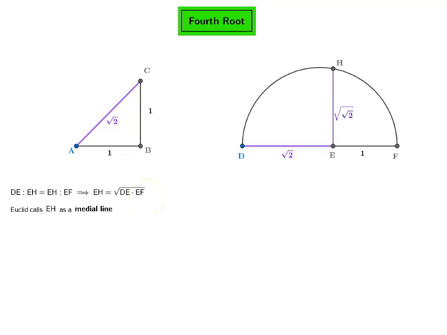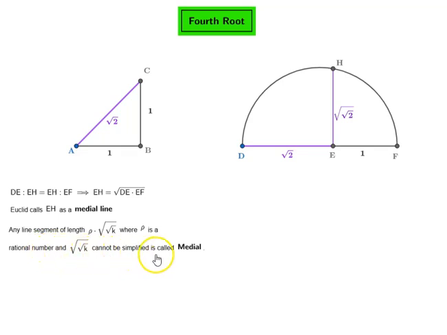And what Euclid says is he calls this EH a medial line. So any line of length rho times root k, where rho is a rational number and root k cannot be simplified, is called medial.